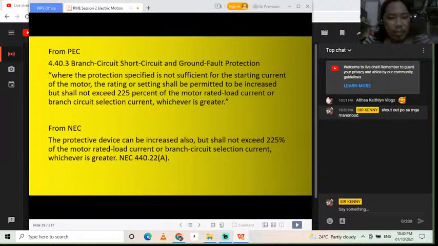Okay, so 225%. From the National Electrical Code naman, the protective device can be increased also but shall not exceed 225%. Kung mapapansin nyo, tulad lang po silang dalawa.